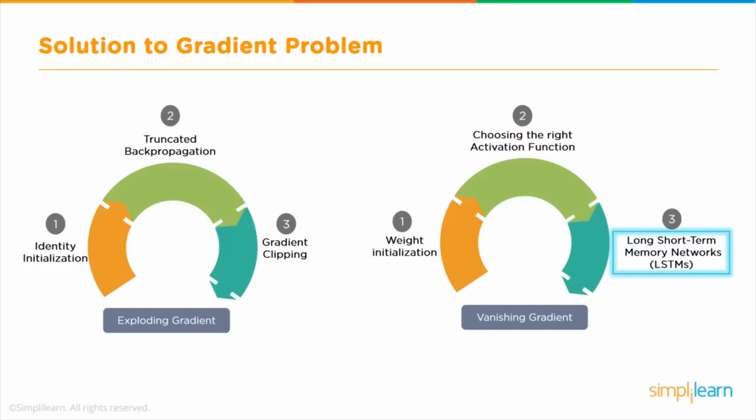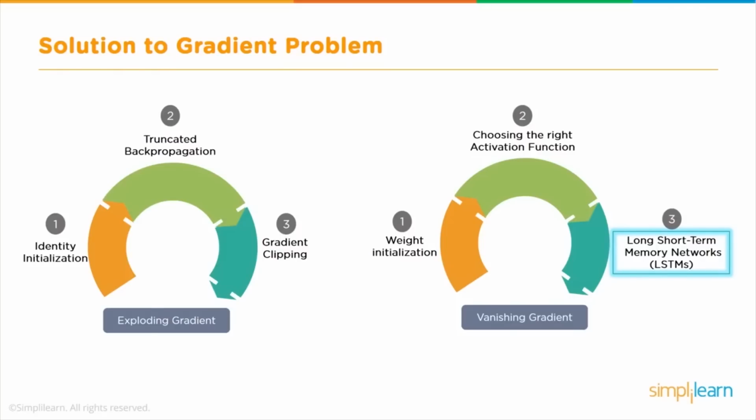Next is to truncate the back propagation. So instead of having whatever information it's sending to the next series, we can truncate what it's sending. We can lower that particular set of layers, make those smaller. And finally is the gradient clipping. So when we're training it, we can clip what that gradient looks like and narrow the training model that we're using.